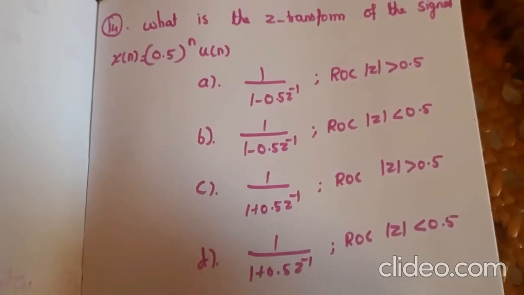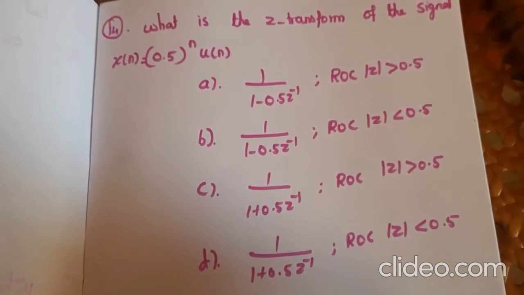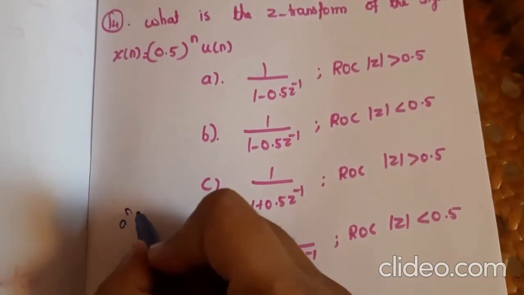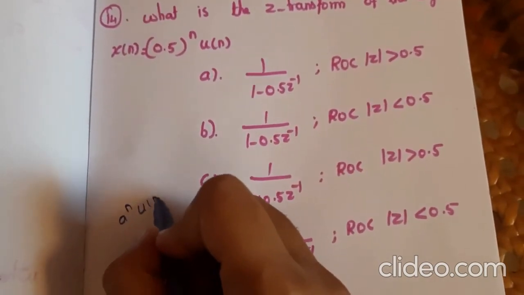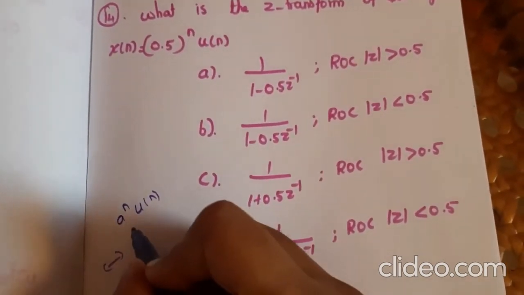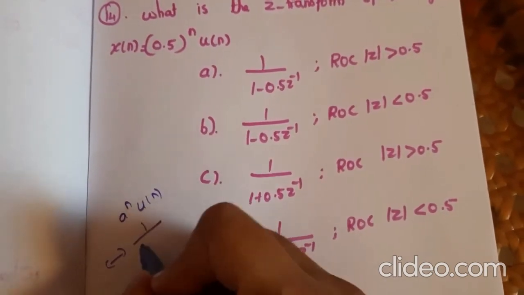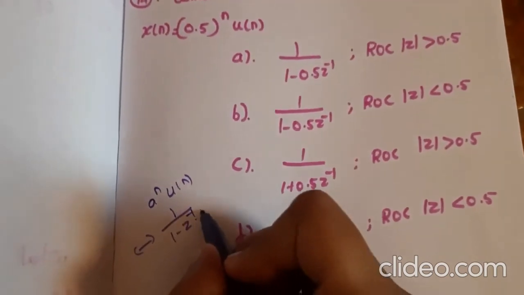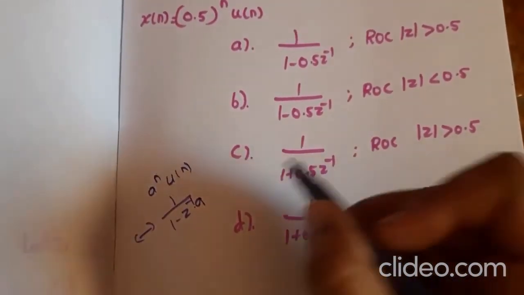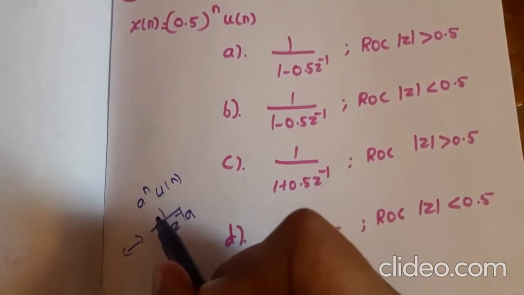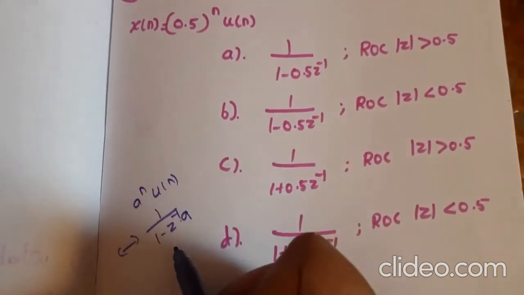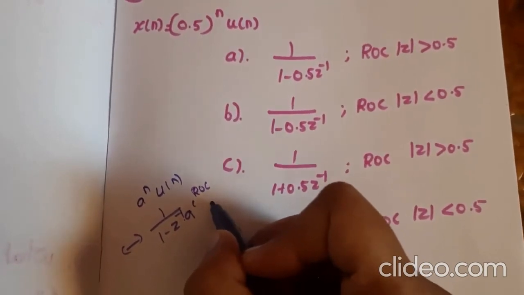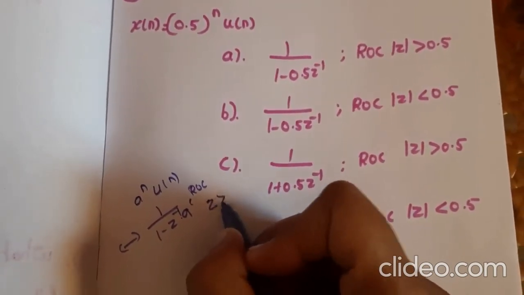14th question, what is the z transform of signal x of n is equal to 0.5 power n into u of n? We know the z transform for a power n into u of n is equal to 1 divided by 1 minus a z power minus 1, with ROC z greater than a.